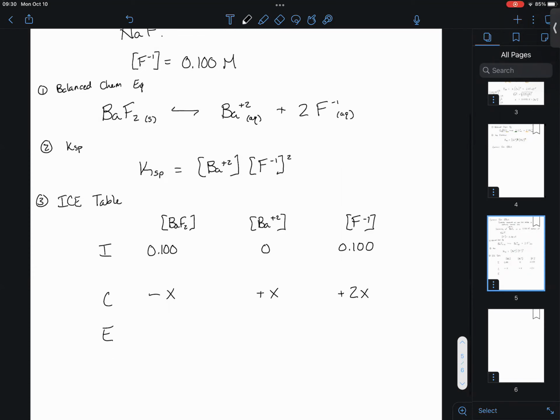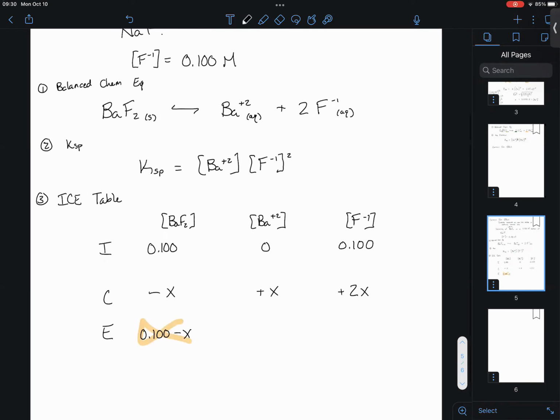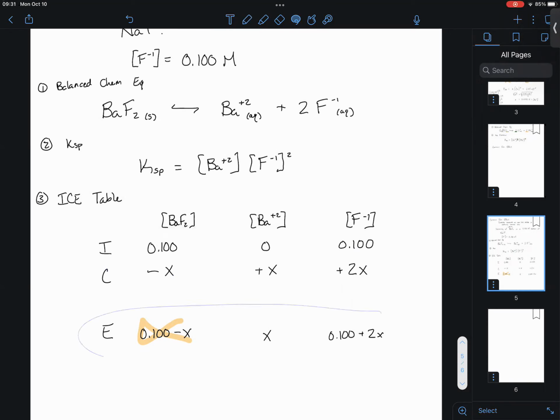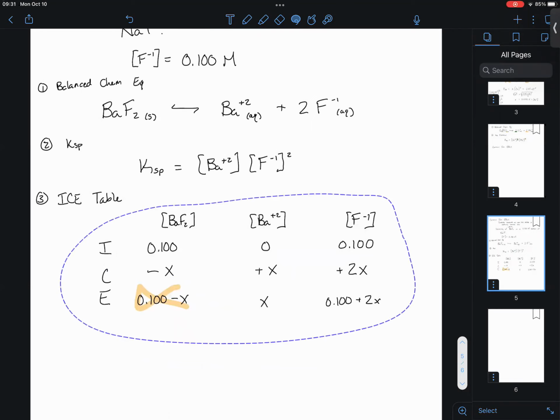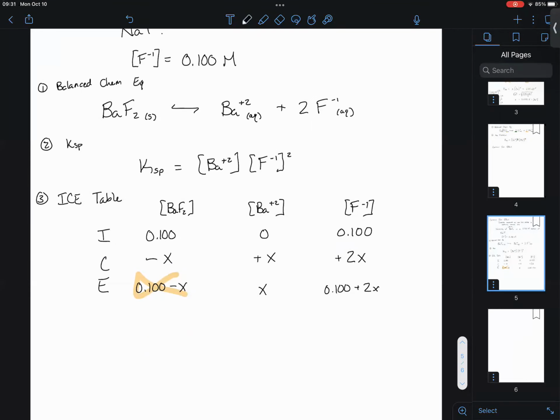Now for my overall change, which doesn't appear in my equilibrium expression, I get X, and then 0.100 plus 2X. So plugging all this into my Ksp, we get that our Ksp is equal to the barium concentration, which is X, times 0.100 plus 2X squared.